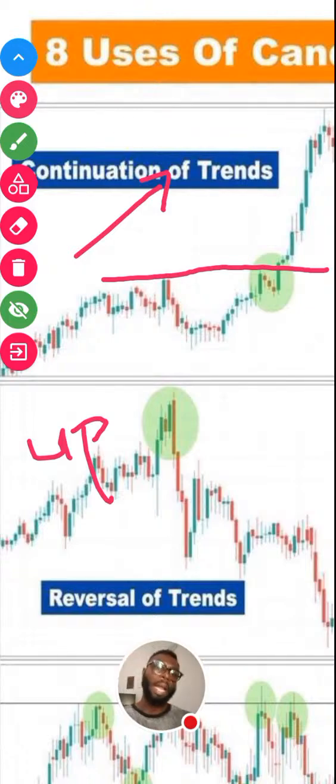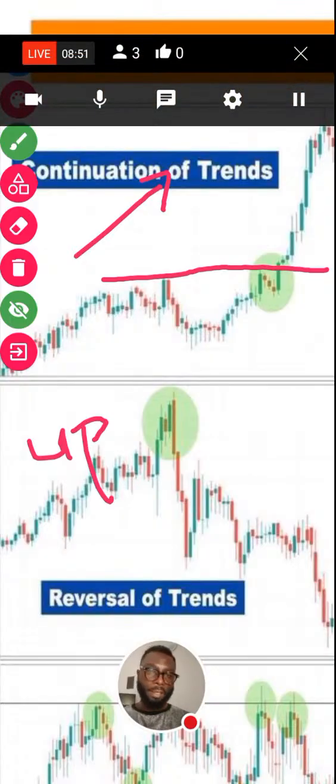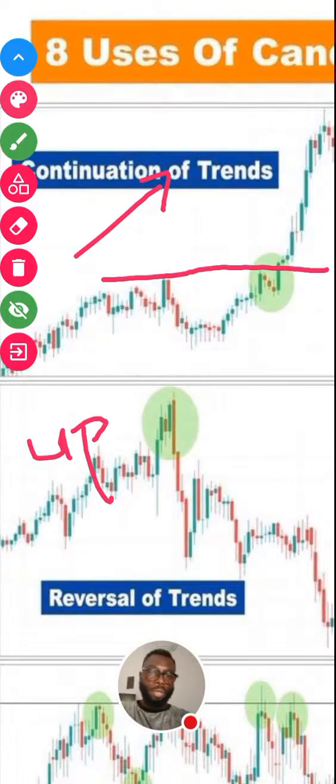If this keeps happening, then you know it is making an uptrend, because an uptrend is when you're making new higher highs. And once it's making that uptrend, this is one of the simplest strategies you want to trade. What do I mean by that?